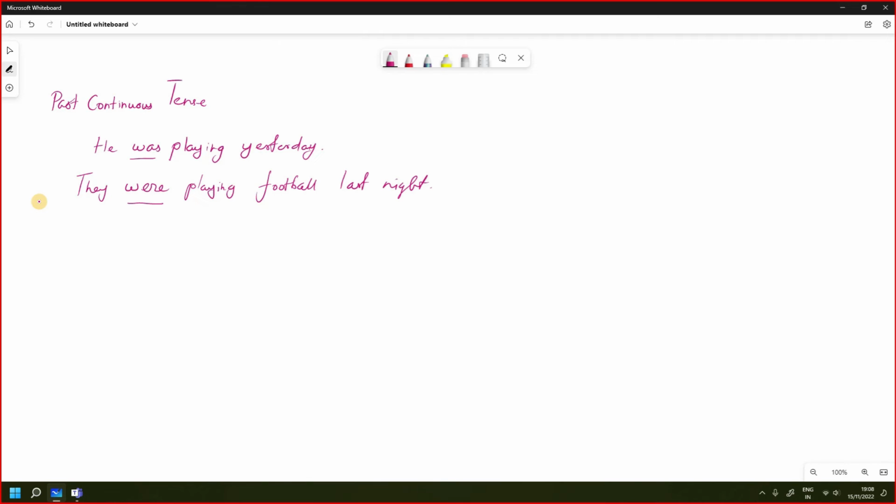So if you use I, it will always be I was. But there is one special use case in English where you can say if I were. Only in this particular sense you can use were with I.